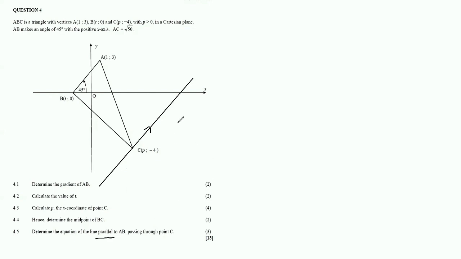So if we are seeing this line here, let's call this line G, for argument's sake. If we have line AB being parallel to line G, then what we know about the gradient is that the gradient of AB would have to be equal to the gradient of line G, right? Because what do we know?